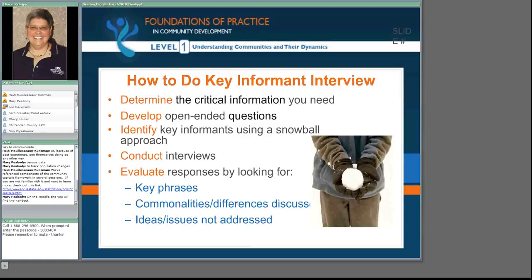And you also step back and ask yourself, what didn't people talk about when we asked them about this issue? What's not talked about is often as important as what does get discussed.